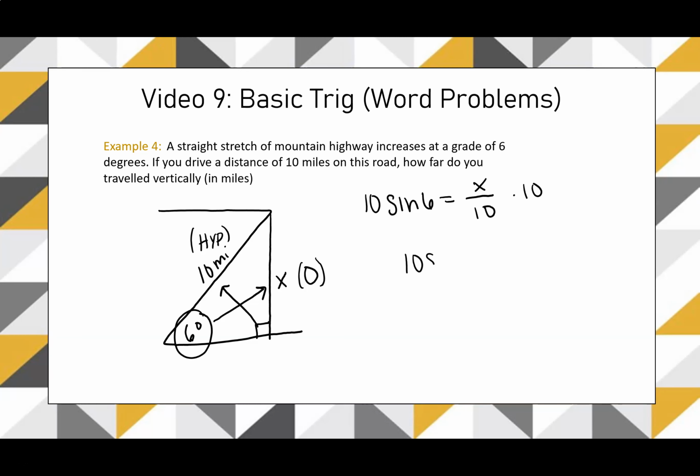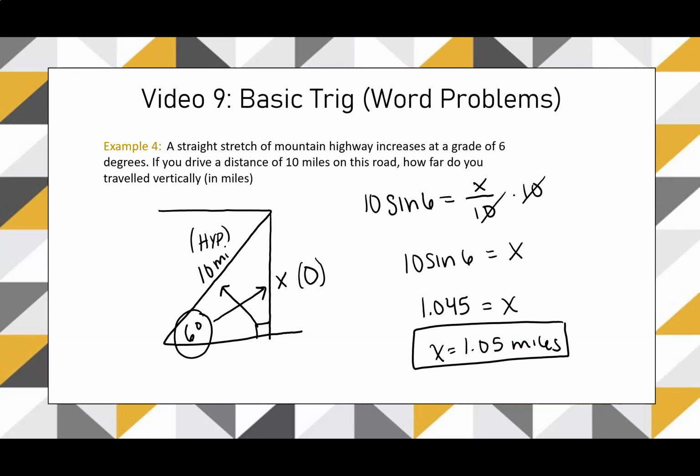And we get 10 sine 6 equals, well, here our 10's cancel, x. Plug that in our calculator, 10 times sine 6, and I get 1.045, which I'm going to round to basically saying that this is 1.05 miles. There we go.